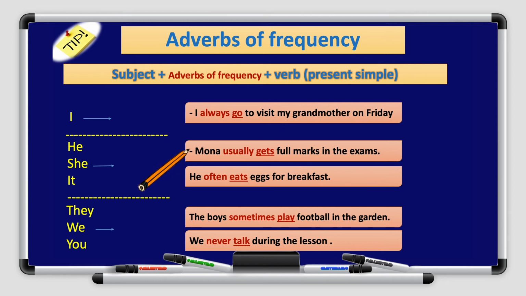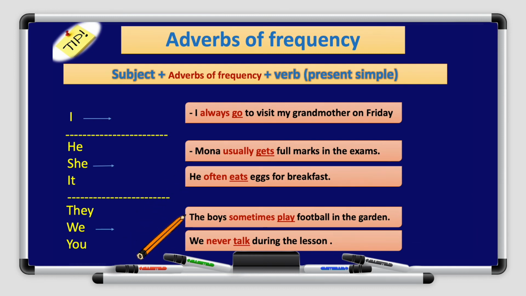And don't forget to add s to the verb if the subject is he or she or it. Next, he often eats. What is the subject here? He is the subject, often is the adverb, and eats is the present simple of eat.